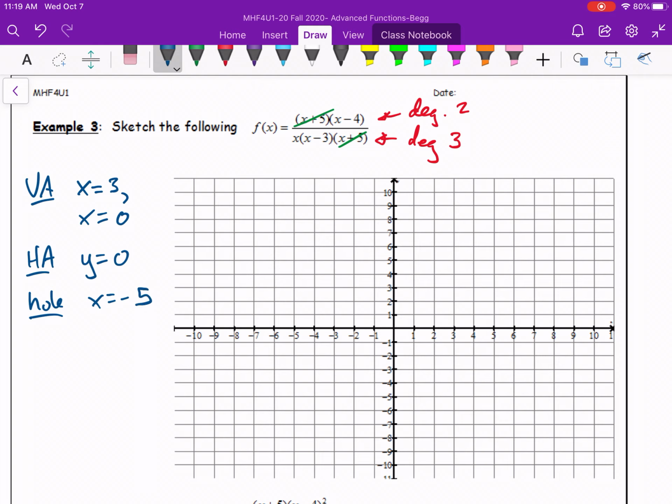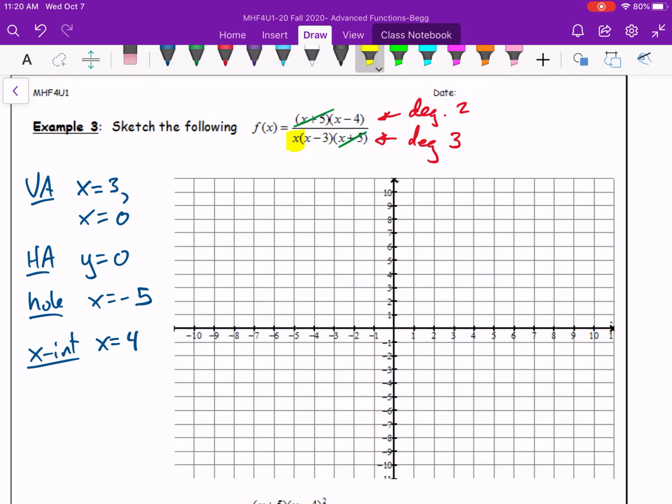Now, x-intercepts, there is going to be an x-intercept, not at -5, since we got a hole there, but we will have an x-intercept at 4. And y-intercept occurs when we let x equal 0, but if I let x equal 0, I'm going to have a division by 0 error, again because of this x here.